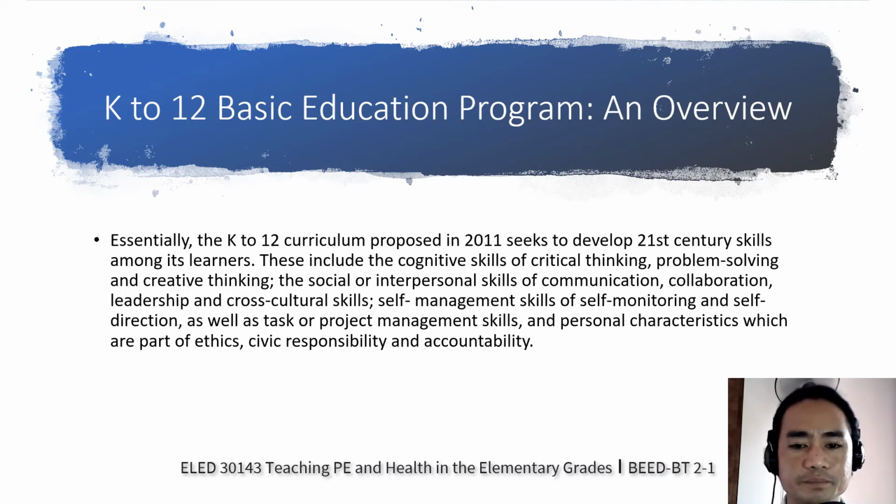So basically, the K to 12 curriculum as a whole in the basic education program needs to develop these 21st century skills: the cognitive skills, the social or interpersonal skills, the self-management skills, and the personal characteristics, which are part of the ethics, civic responsibility, and accountability.